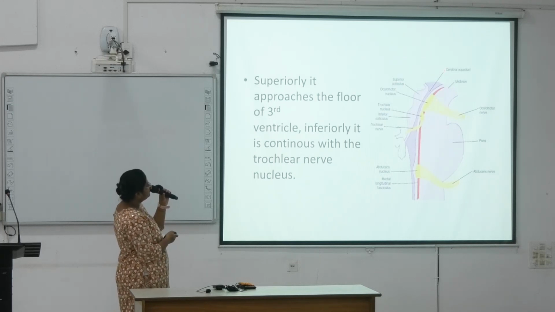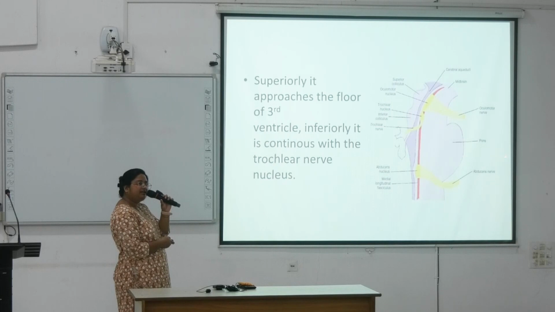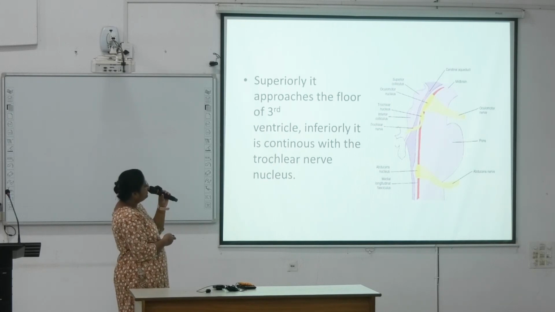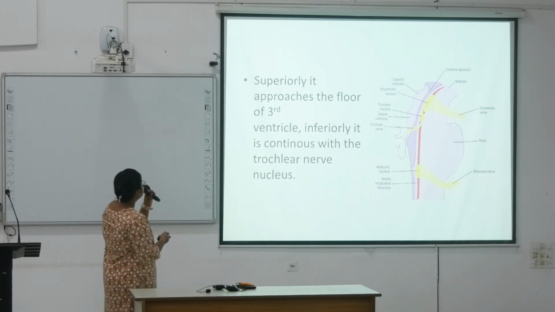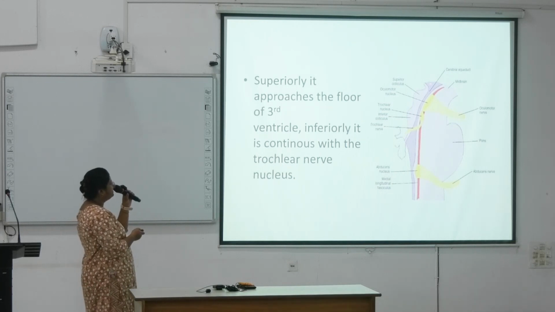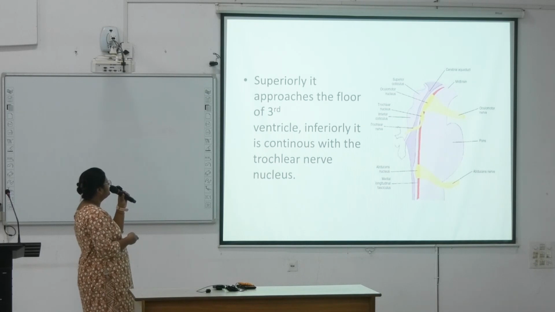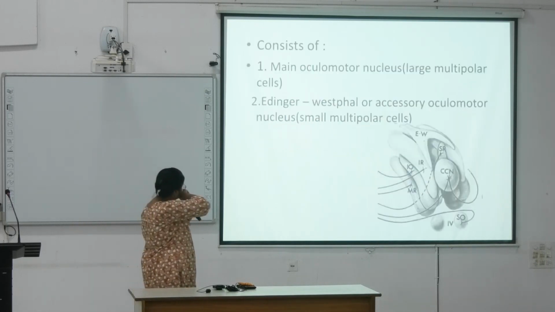And see, this is central aqueduct, aqueduct of Sylvius connecting third ventricle with this fourth ventricle. So the nuclei is lying ventral to this aqueductal gray matter. Okay, understood? Position. So superiorly it approaches the floor of the third ventricle. Here is third ventricle. And inferiorly it is continuous with the trochlear nerve nucleus.